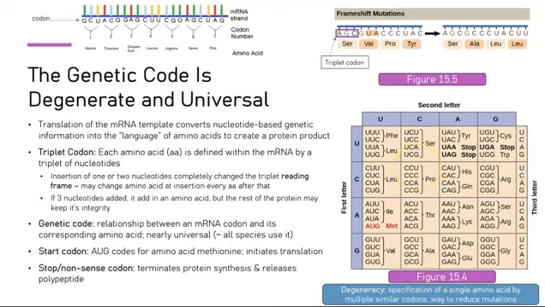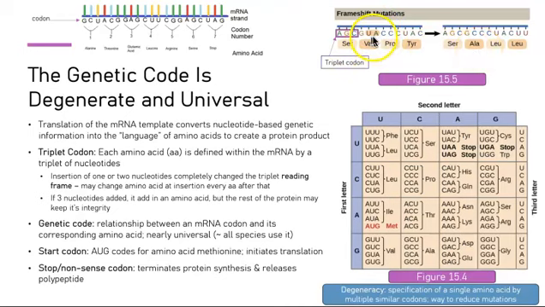Now, this is important when we think about what happens when we get an insertion of 1 or 2 nucleotides. This can completely change the reading frame. If you look at the very top over here, we can see that we've got triplet codons. If we were to accidentally insert some other nucleotides in here, it shifts that frame so that instead of coding for these amino acids listed here, you can see that there are different ones listed right after that insertion has been made.